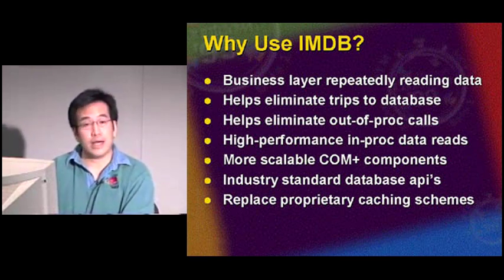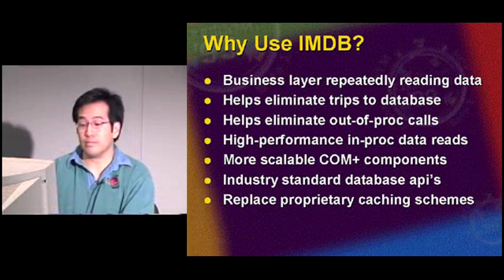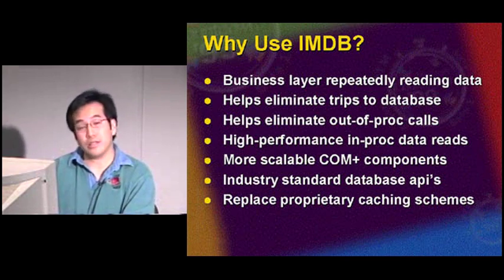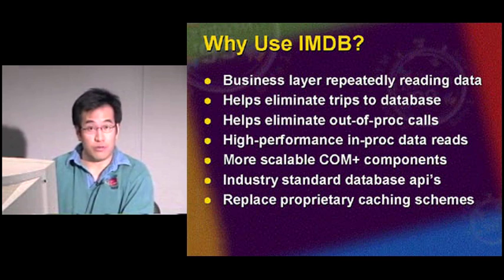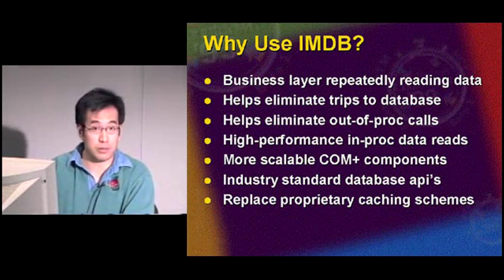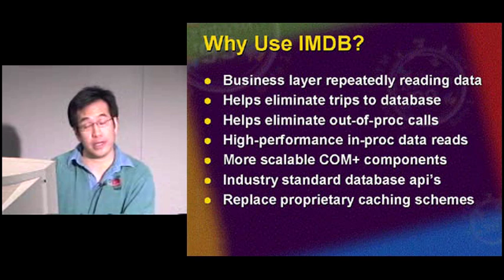By moving that caching to IMDb and utilizing OLE DB and ADO, the knowledge of the caching mechanism for application server code has been expanded to all programmers in the industry that are familiar with ADO and OLE DB.